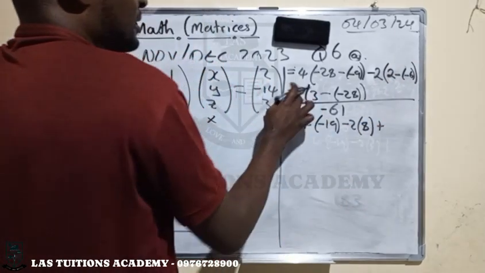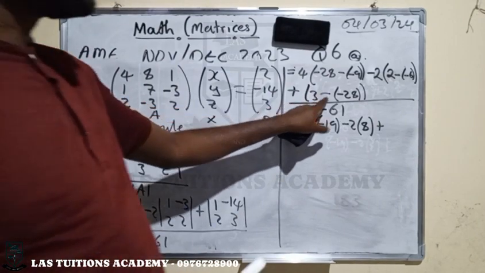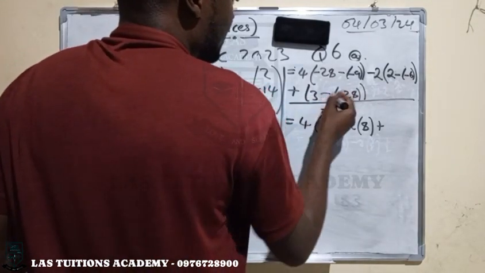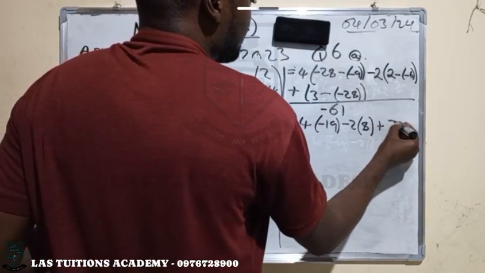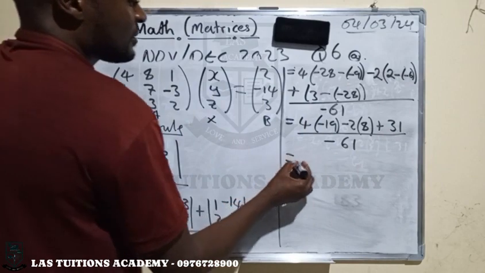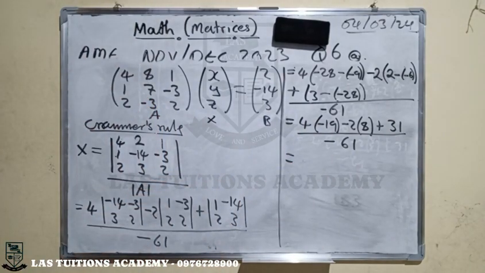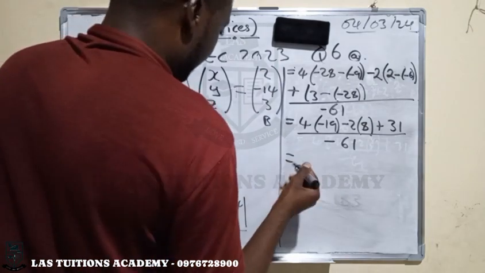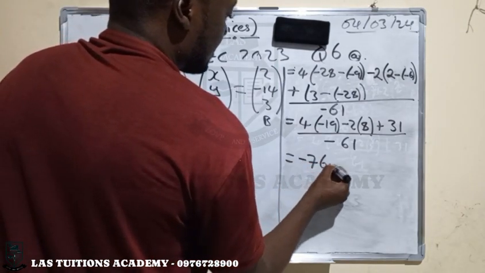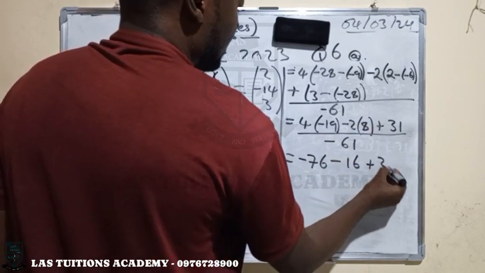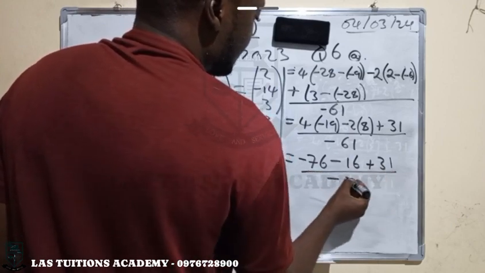Plus here we have 3 minus 28, so it will be 3 plus 28, which is 31, over negative 61. So this is going to be 4 times negative 19, we get negative 76, minus 2 times 8, that is 16, then plus 31 over negative 61.